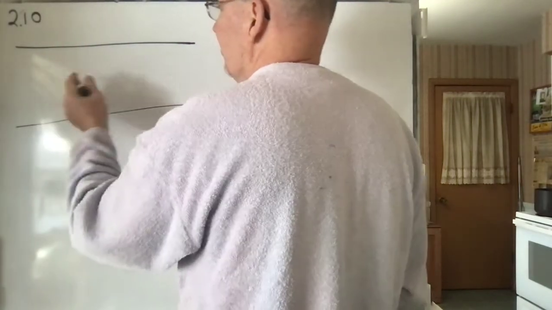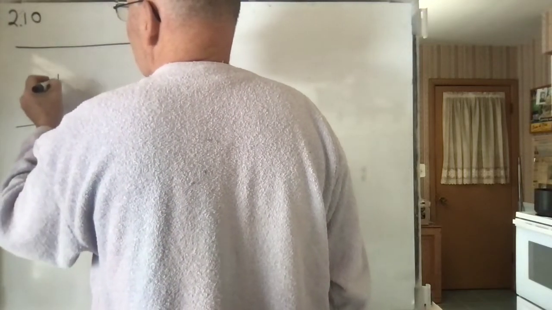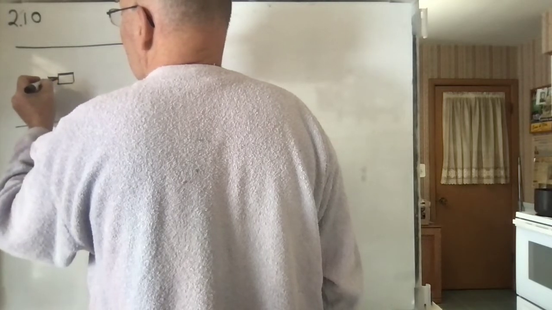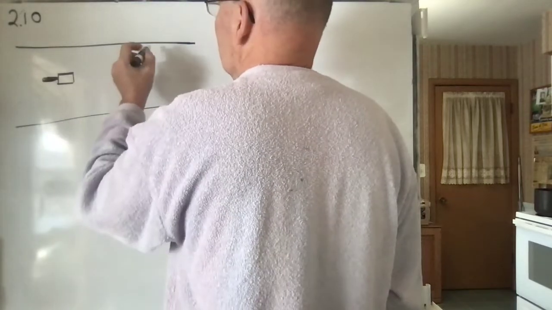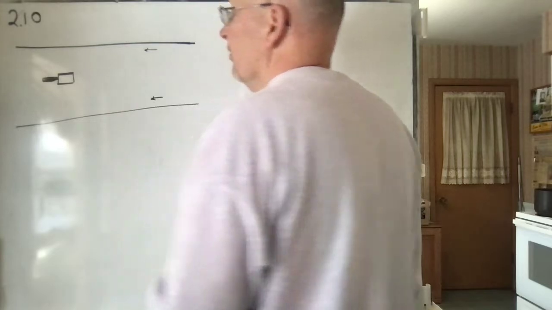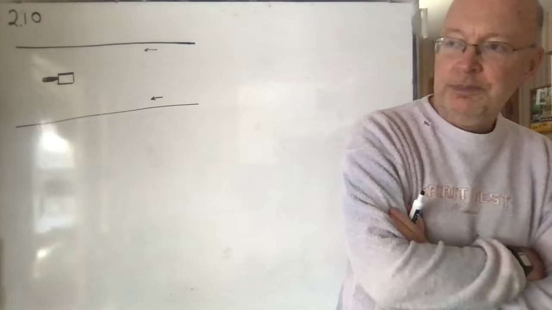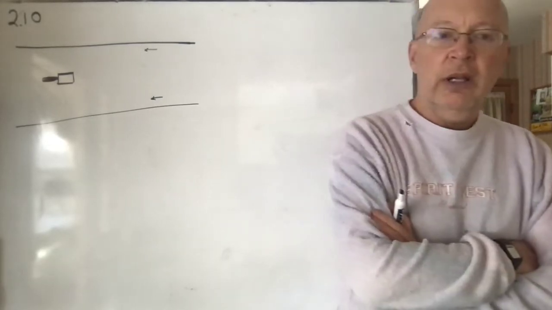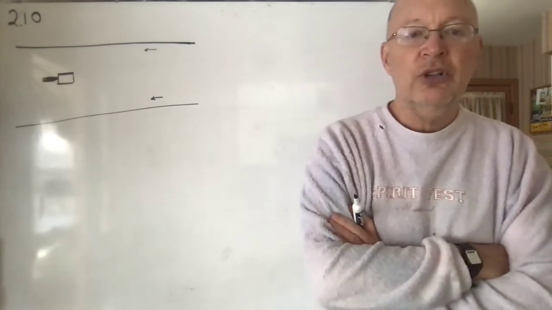So if this is the Mississippi River right here, and here's a barge that's being pushed by a tugboat, and it's being pushed up the river, and the current was going this way. So here was the current of the river going like this, and it was pushing the barge upstream against the current. And I got to thinking, I wonder what is the optimal speed to push that barge up the river.